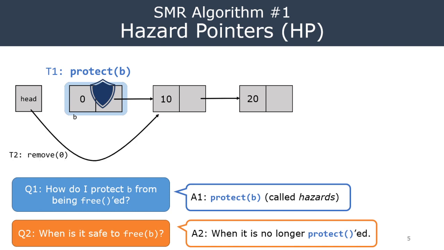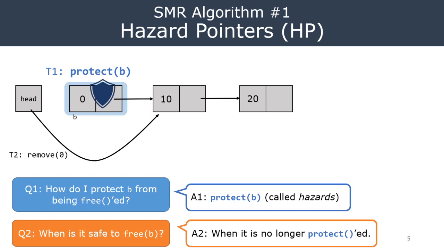So far so good. Let's see an example here. In hazard pointers, suppose that T1 is iterating over the linked list, and it just picked the block B. It needs to protect the block B before dereferencing it.